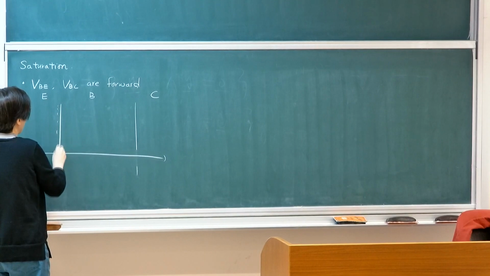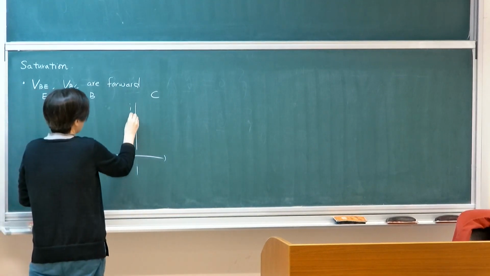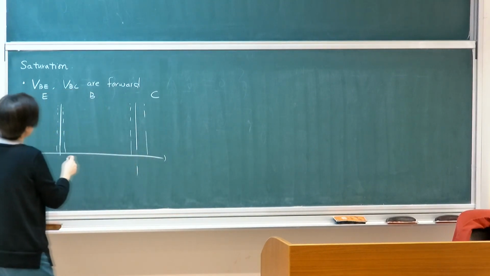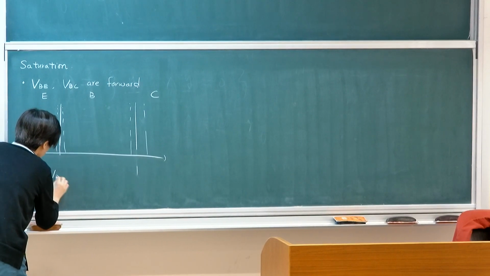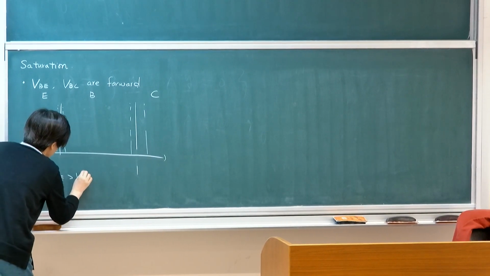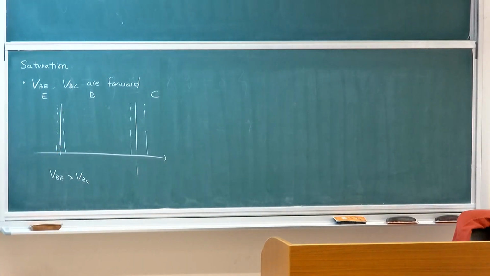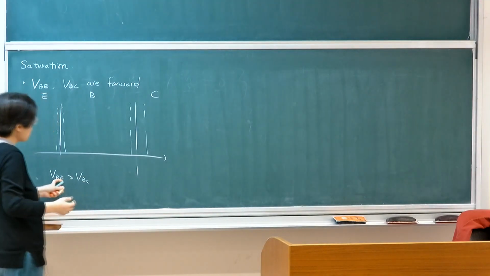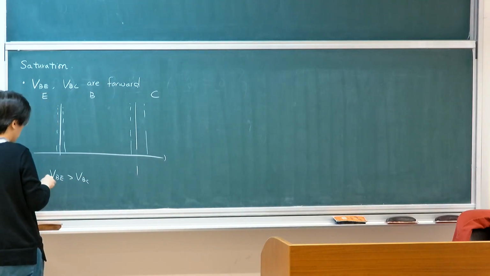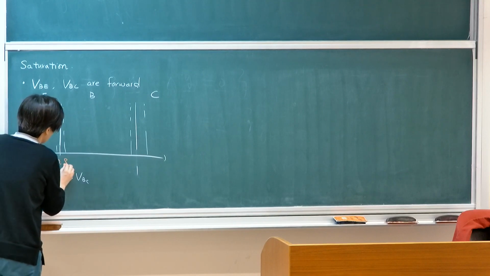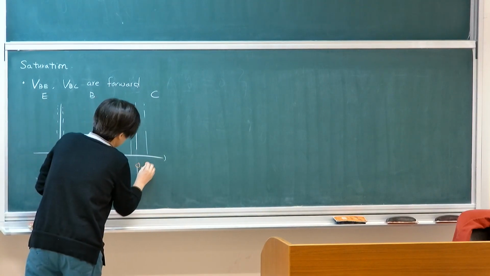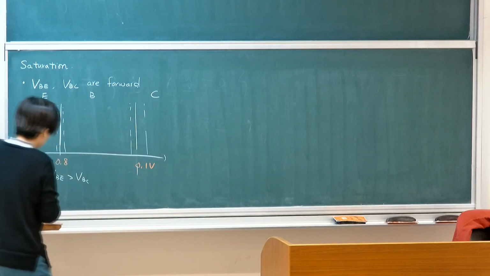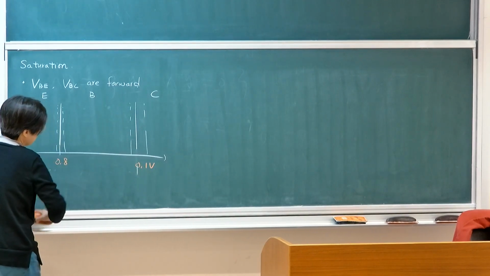I would then have two forward-biased PN junctions. Let's say I'm still having VBE slightly higher than VBC. In most cases in saturation, even though both are forward biasing, one is forward biasing a little bit more, and this is less. So if this is higher, for example, I'm just going to give a number. Let's say this is 0.8, and this is maybe 0.1. So let's just look at the scenario.